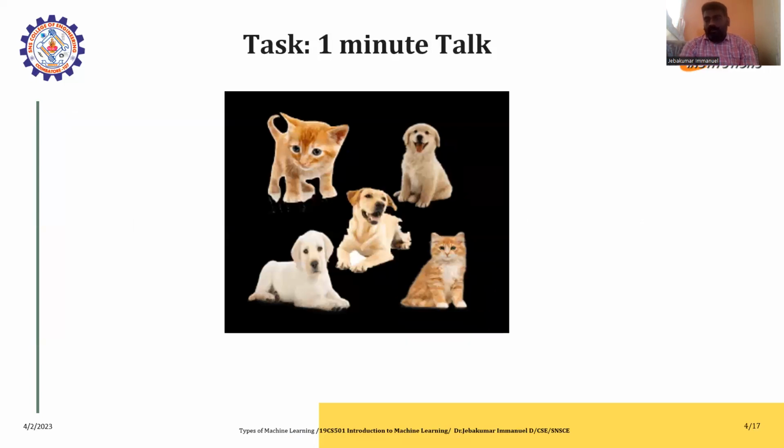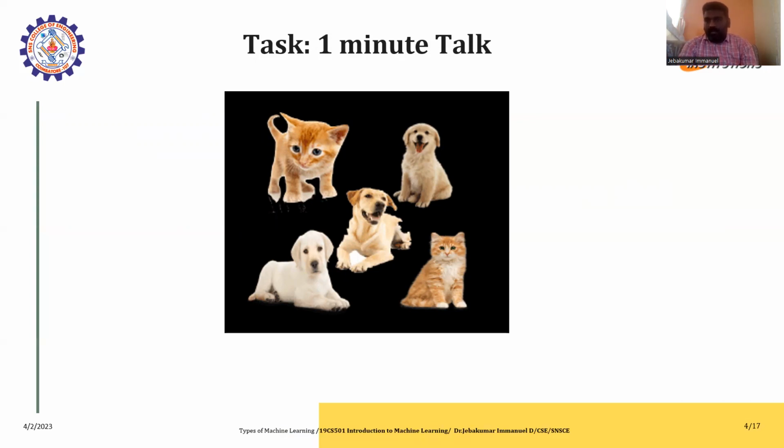See, this simple picture describes the difference between supervised and unsupervised learning. This picture contains a total of five different objects. All of these are pet animals, and the pet animals are classified into two different categories: one is cat, another is dog.